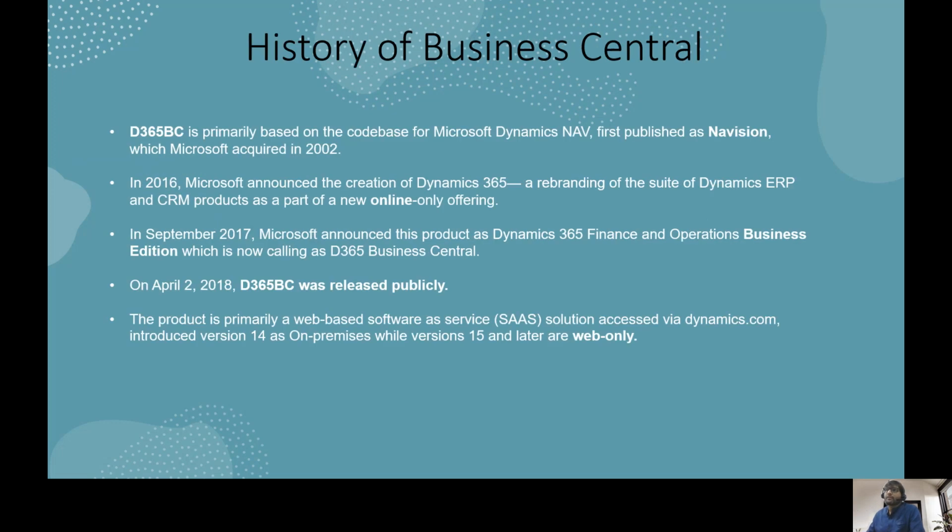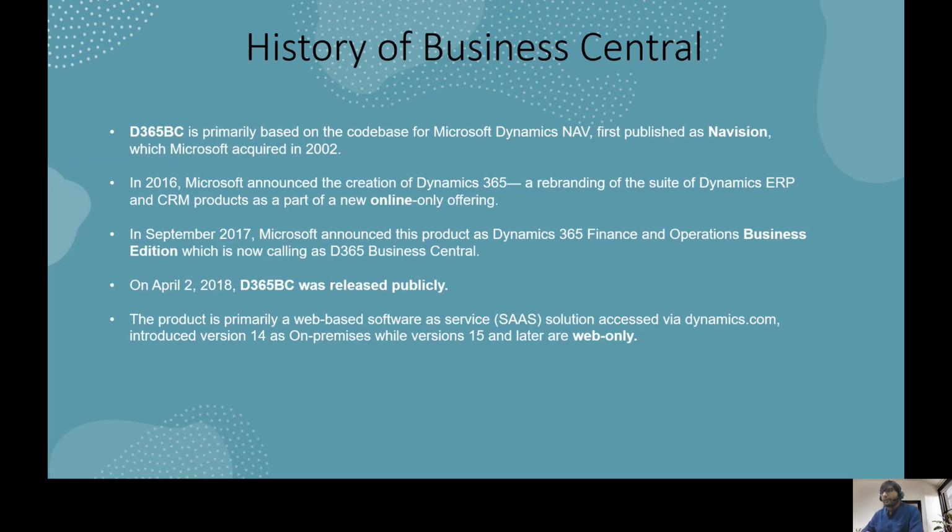If I am talking about the history of Business Central, D365 BC is an advanced version of Microsoft Dynamics Navision. Before that, Navision was an on-premises version, and Microsoft decided to move to a cloud online version.